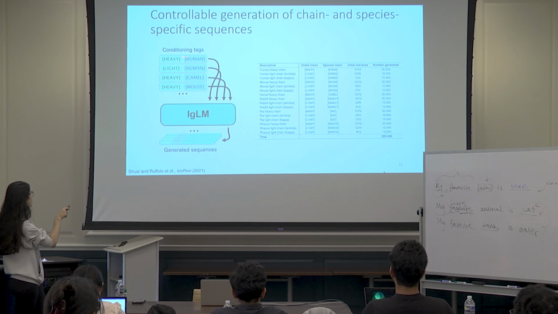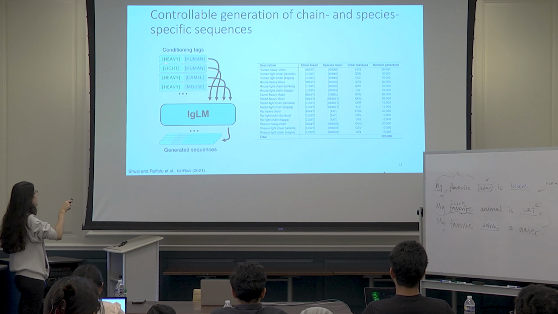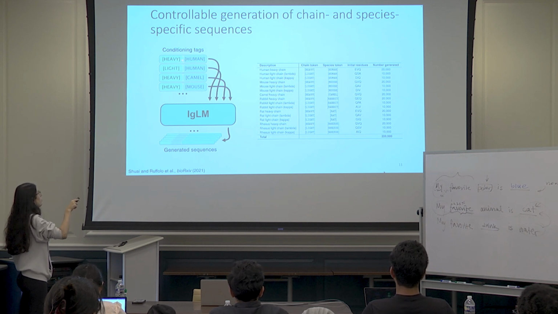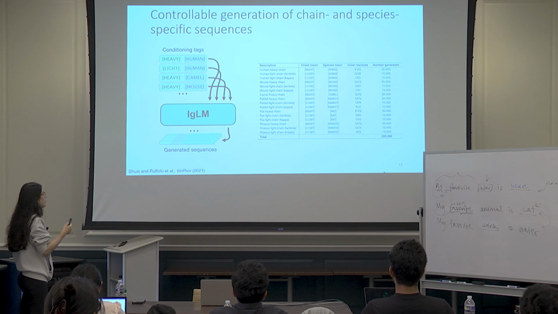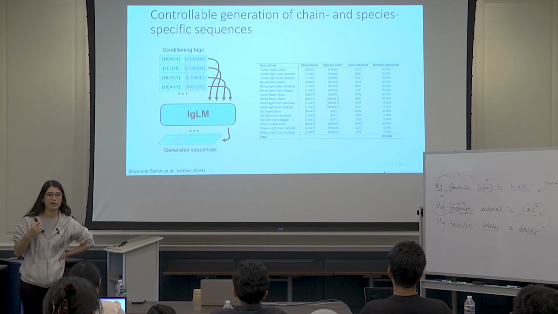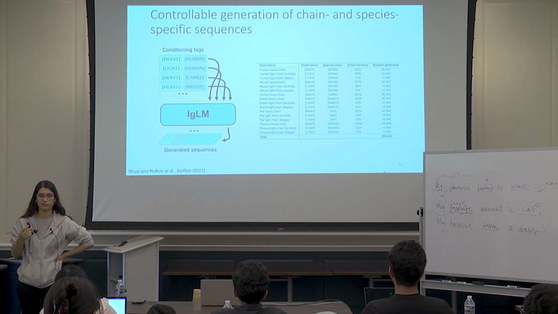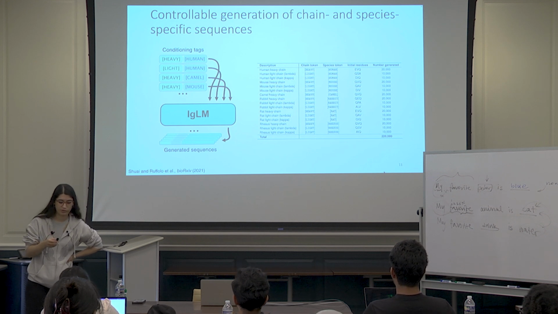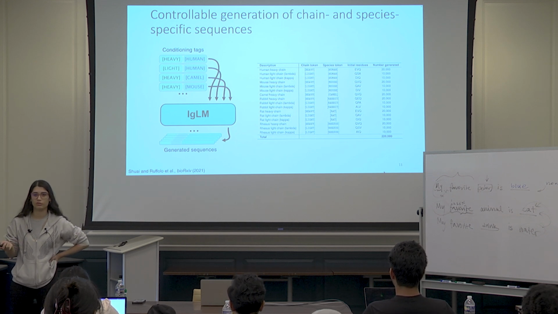And so let's think in terms of sequences. Once again, our conditioning might be based on heavy or light chains, so which type of chain and which species to design this for. How much variation do you think there is between human, camel, and mouse antibodies in terms of sequences? Do you think you could use a rat antibody in humans?